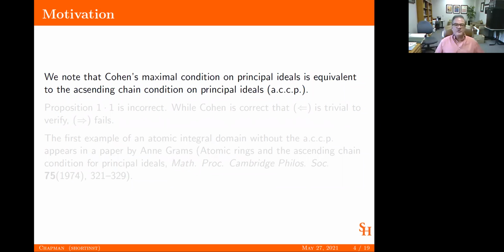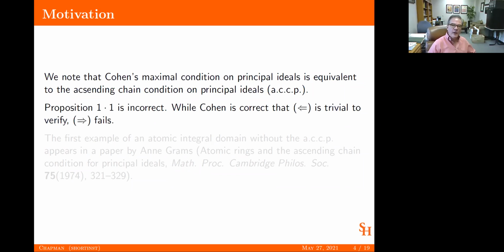Now, before I say anything about this, I want to note that Cohen's maximum condition on principal ideals is equivalent to the ascending chain condition on principal ideals, or the ACCP. And so proposition 1.1 is incorrect. Cohen's correct that the left-hand implication is trivial to verify. The right-hand implication fails.